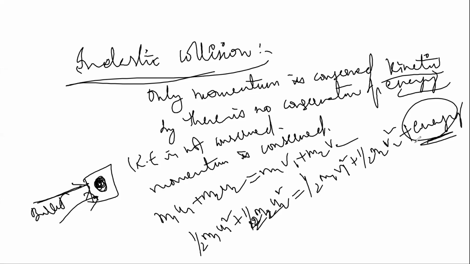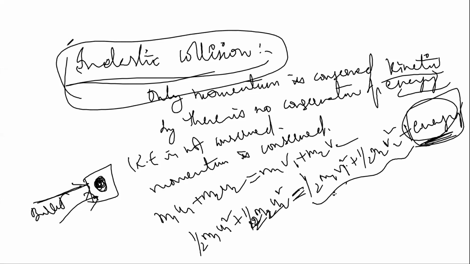It is not equal here; there is some additional term to the final energy. So this is called non-conservation of kinetic energy. Hence the system is said to be having inelastic collision.